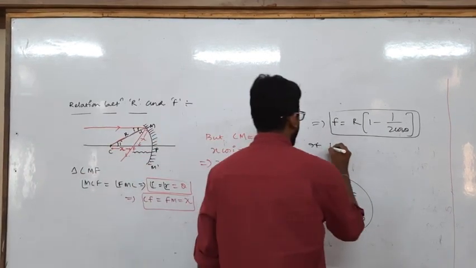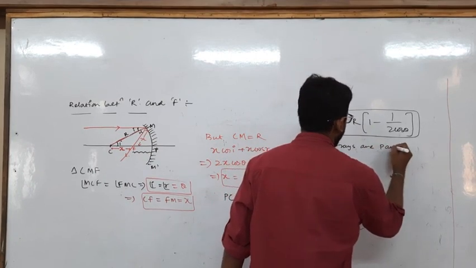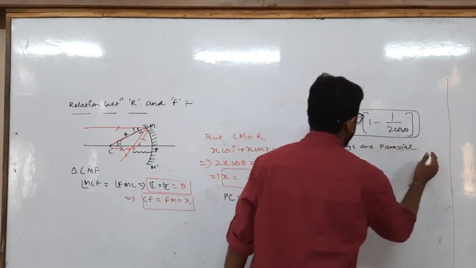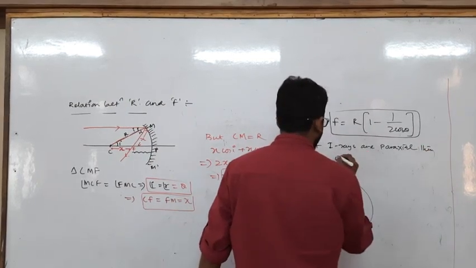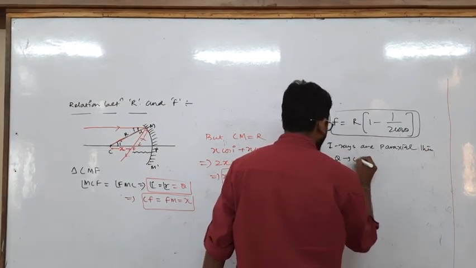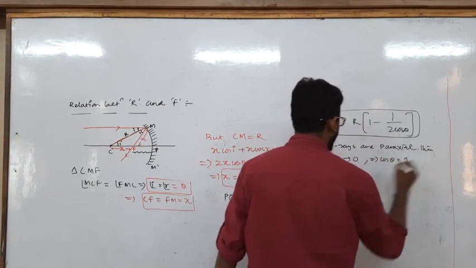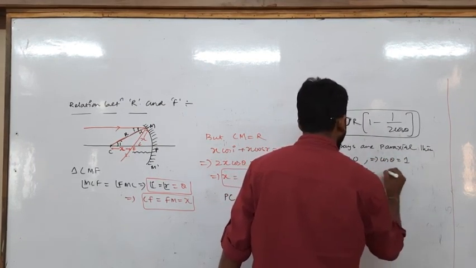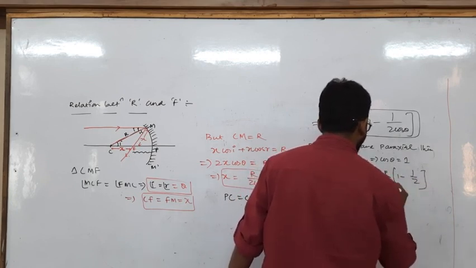If incident rays are paraxial, that means they are close to the principal axis, then theta tends to 0, so cos theta will be equal to 1. So f equals R into (1 minus 1 by 2), that is equal to R by 2.